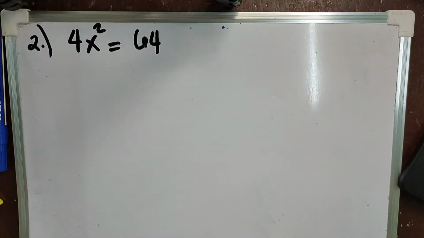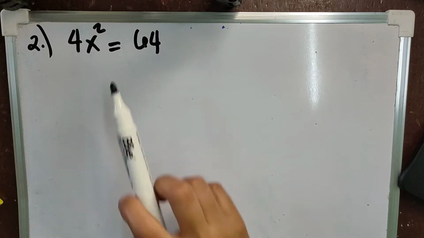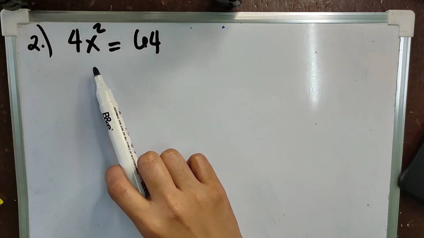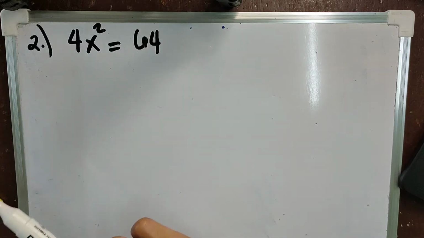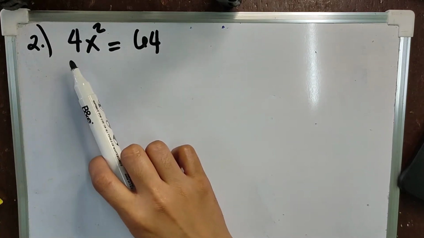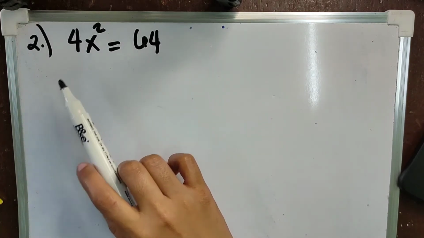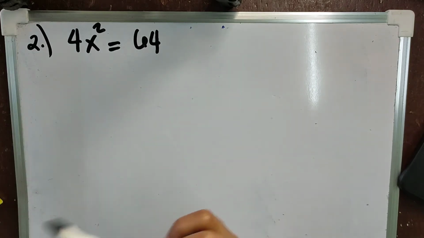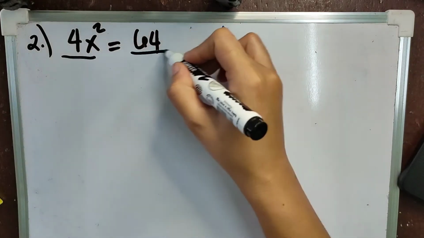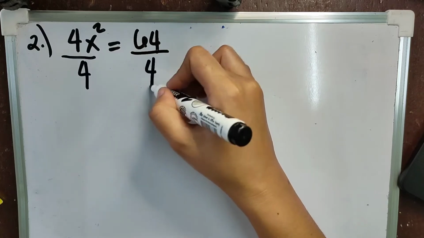Okay, let's have example number 2. 4x squared equals 64. Earlier, the coefficient of our x squared was 1, and this time, more than 1, which is 4. Our first step now is to divide both sides by 4. Why?